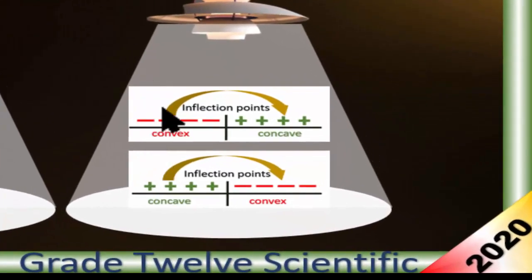The inflection point changes the sign of the second derivative from negative to positive, or from positive to negative, or from convex to concave, or from concave to convex.